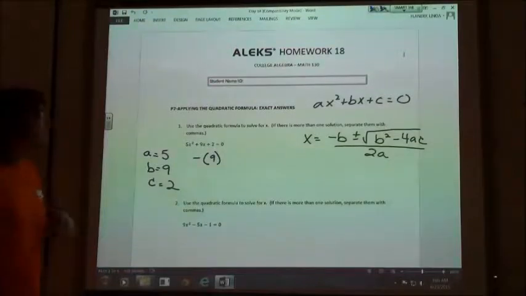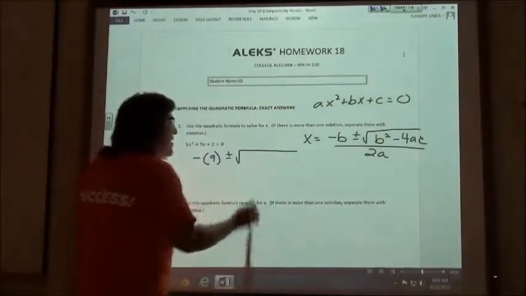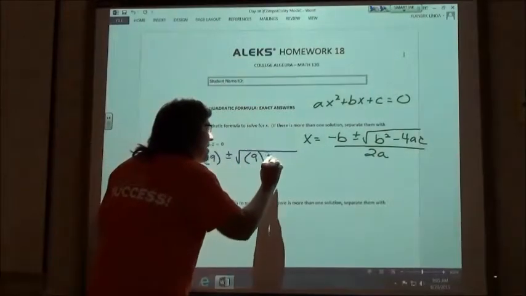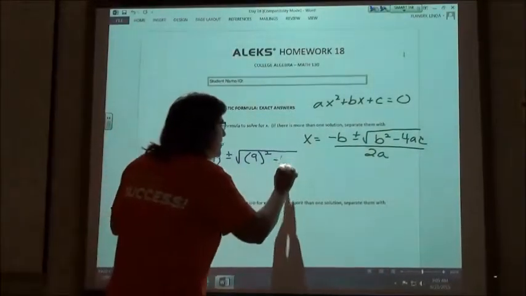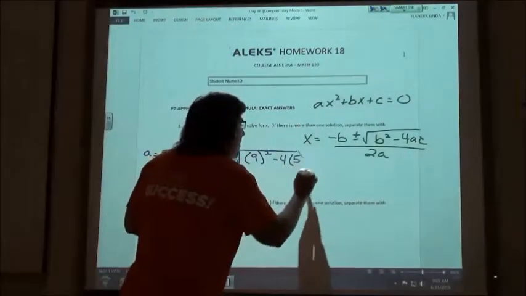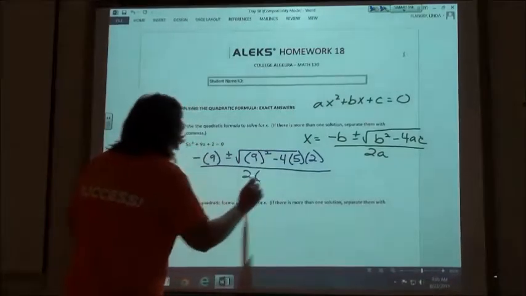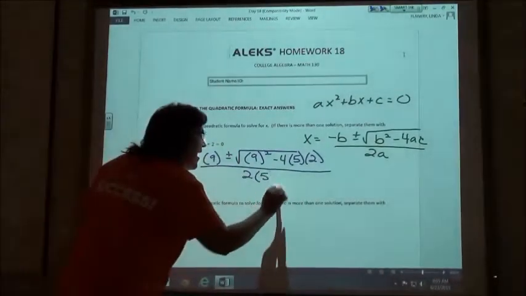I'm going to put it in parentheses just because it looks good. Plus or minus the square root of the b value, which is 9 squared, minus 4 times the a value, which is 5, times the c value, which is 2, over 2 times the a value, which is 5.